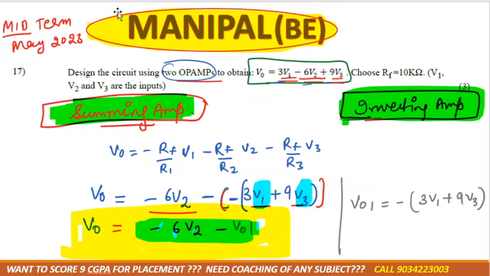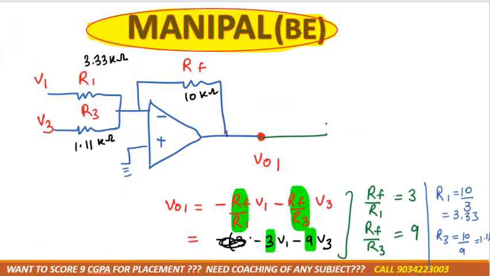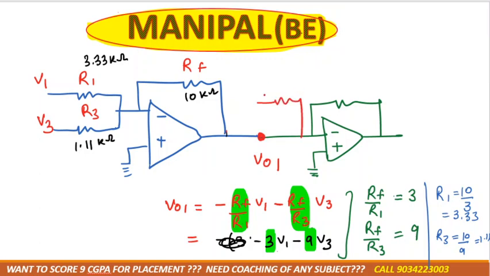So V01 will be taken as another input. Again the positive one is grounded, the negative is connected with the feedback, and in this we take the summing amplifier. The output of the first becomes the input of the second, and another input is V2, right? And here also another resistance will be added, because if we have a voltage then we add a resistance. Its voltage is V01, then its resistance is R01, voltage is V2, resistance is R2, and here the feedback resistance.